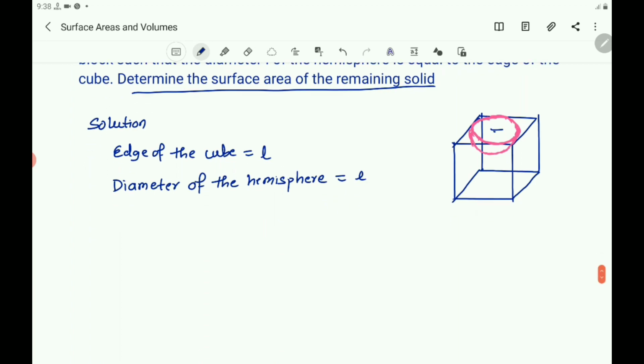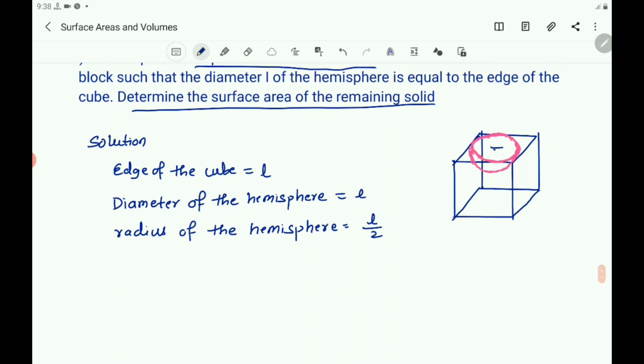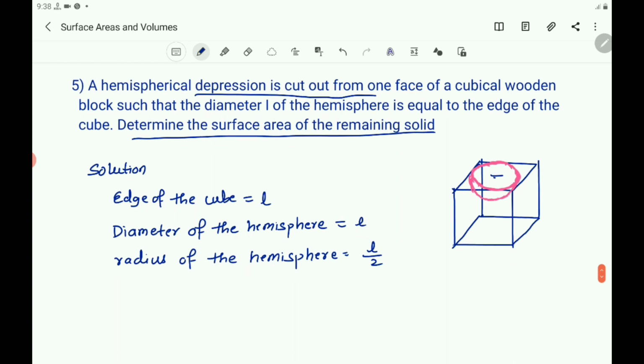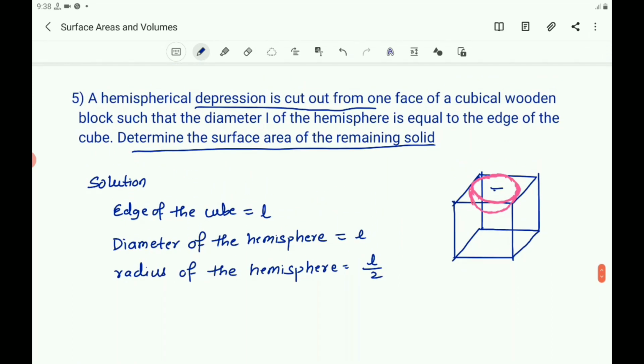And what is the radius of the hemisphere? Radius of the hemisphere equals L by 2. Now here the hemispherical portion is cut out, and we have to find the area of the remaining solid.